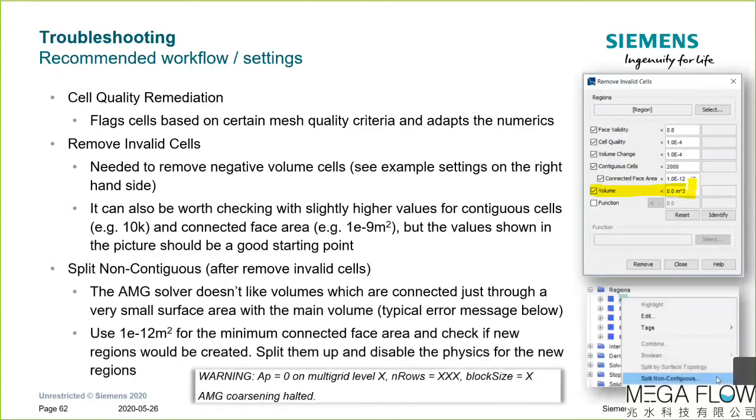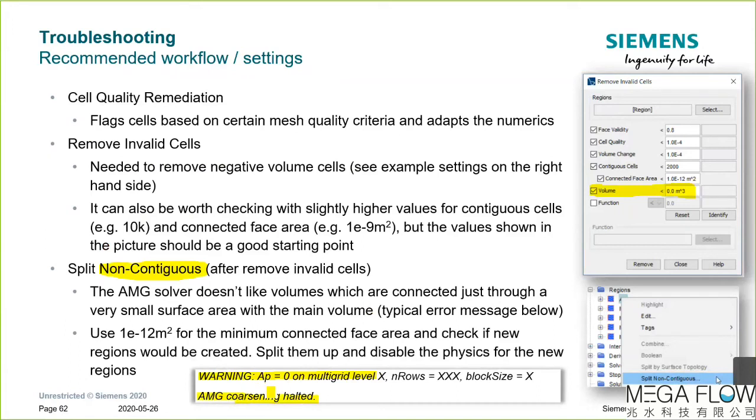And the other important functionality is split non-contiguous. So maybe you have encountered this warning or error message in the output window, something like AP equals 0 on multi-grid level, AMG coarsening halted, and so on.